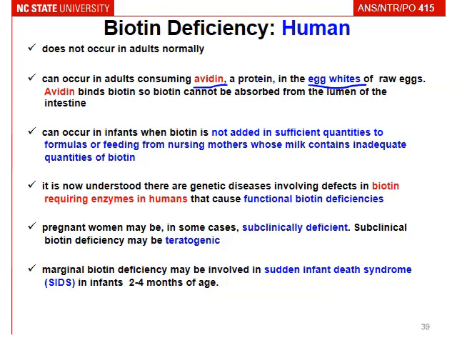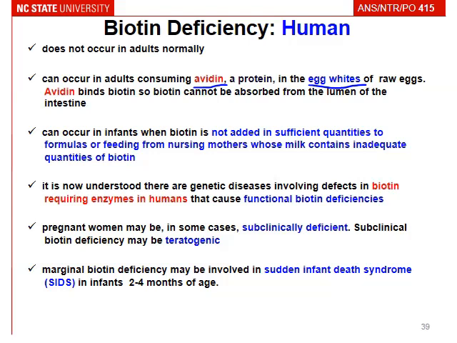And if you have a marginal biotin deficiency, there are some papers showing that it may be associated with SIDS, sudden infant death syndrome, in young infants. So this is between 2 and 4 months of age, when it is more likely for an infant to die of SIDS.